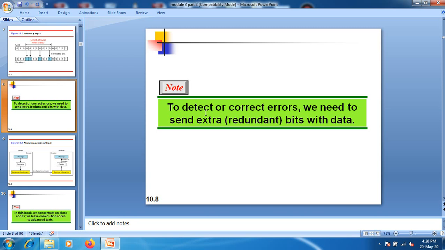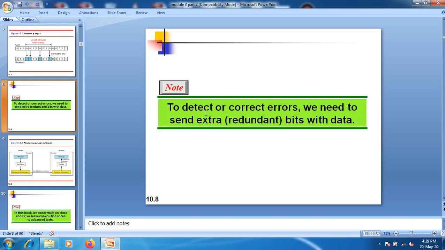The next topic is forward error correction versus retransmission. In forward error correction, the destination receives some corrupt information; the bits have already altered their values, that is, a 0 becomes a 1 and a 1 becomes a 0.